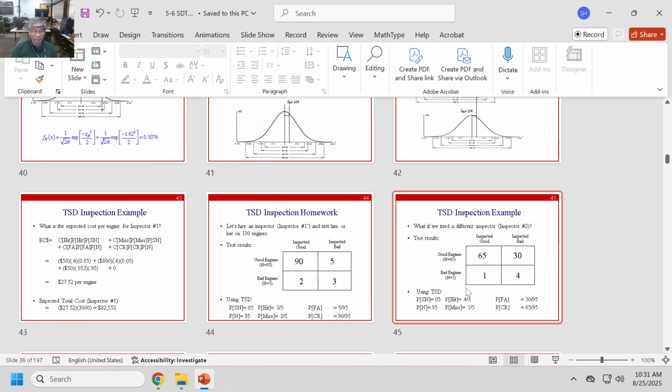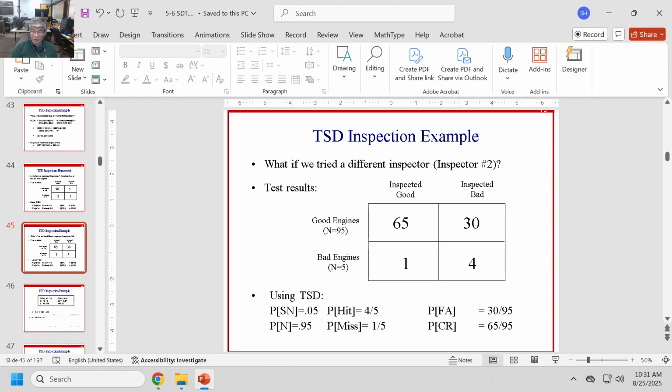Let's do it for Inspector 2. This time, he is the grumpy man. Remember? The grumpy old man, false alarm often. But on the other hand, he has the hit.